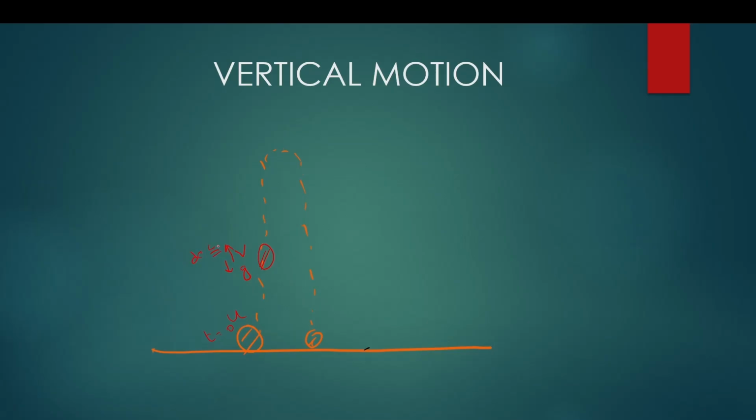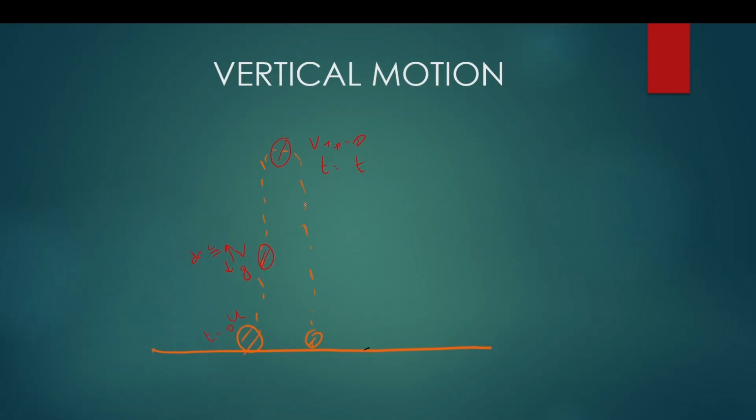The velocity will go on decreasing in this motion, and at this point the velocity v top, that is the topmost velocity, will become 0. The time which it has taken is the time of ascent, that is t.